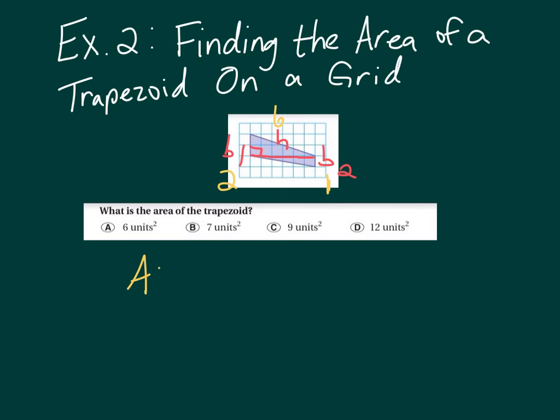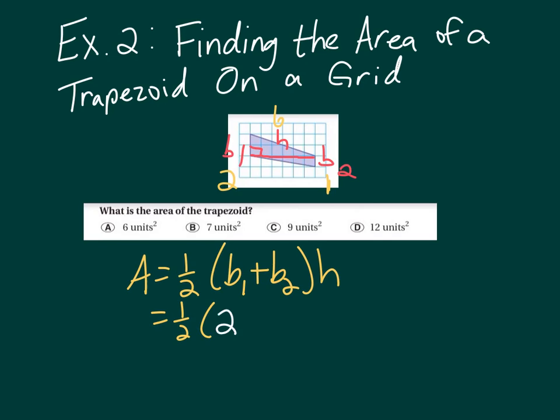So when we go to fill in our formula, area equals 1/2 times base 1 plus base 2 times the height. So we'll fill in our bases here. One of them, base 1, we said could be 2 units plus base 2, which was just 1 unit, times our height, which was 6.